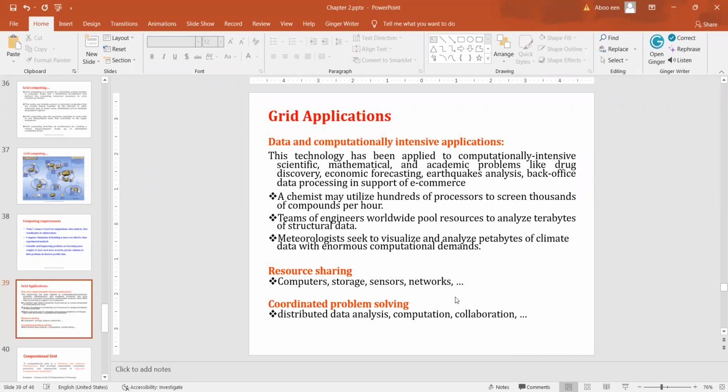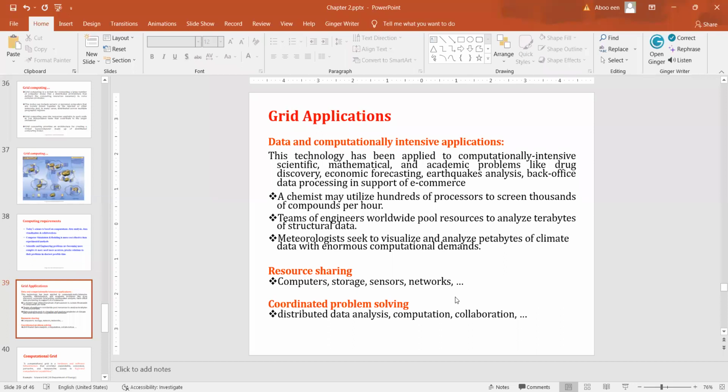So chemists have various kinds of requirements. Teams of engineers worldwide pool resources to analyze terabytes of structural data. So engineers are dealing with this data, and thousands of data sources can be integrated.